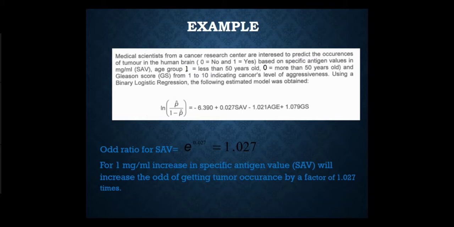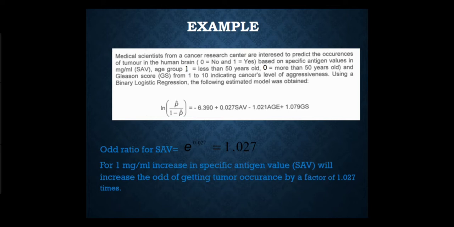So the occurrence of the tumor will be our Y, which is the dependent variable, 0 and 1. Okay, based on the specific antigen values, SAV. Okay, so SAV is one of the continuous variable.